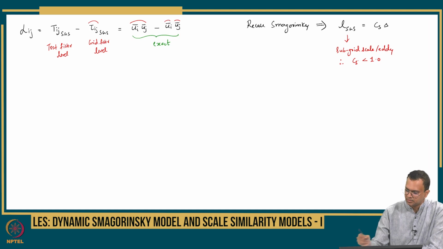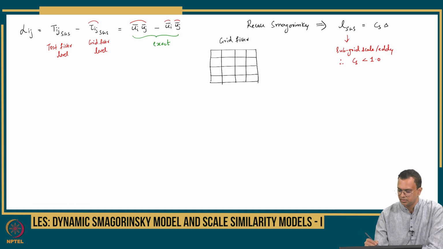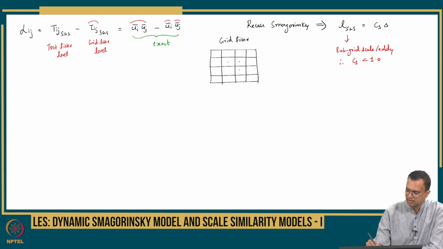So to do that, what we did is, let's say this is the grid filter level. So in finite volume method, implicit filtering, this is where you are actually calculating your data, right?